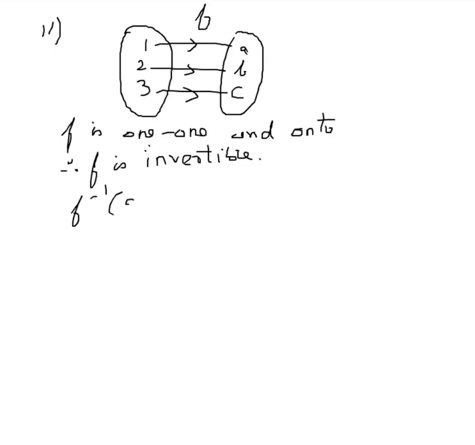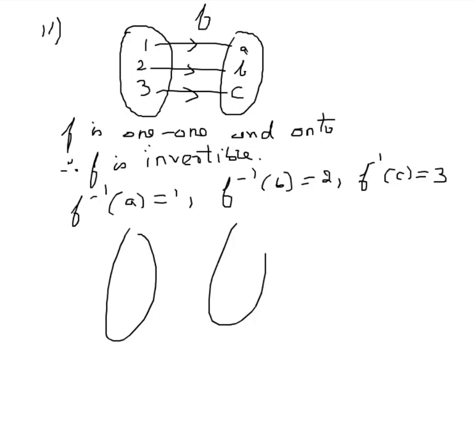Therefore f inverse of A will be 1, f inverse of B will be 2, and f inverse of C will be 3. Now I am drawing the arrow diagram for the f inverse function. So the codomain becomes the domain and the domain becomes the codomain.